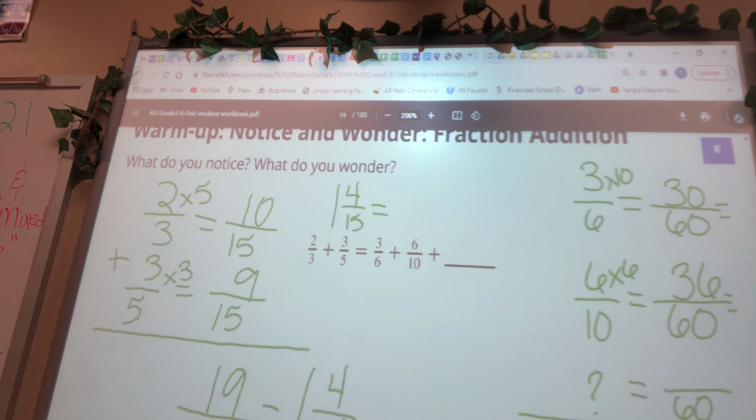You can use 15. Yeah, I could divide by 2, and then I would have 15 over 30. Oh, you can divide 18 by 2, by 12. Yeah, 12, and I would get 3, and then I would get 5.